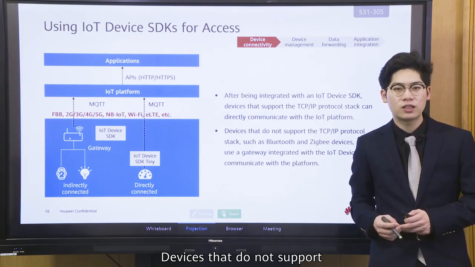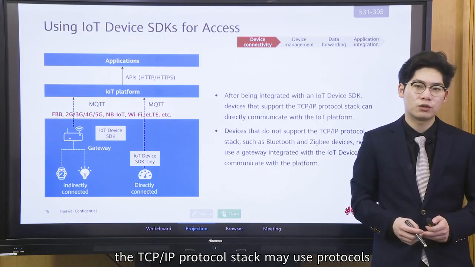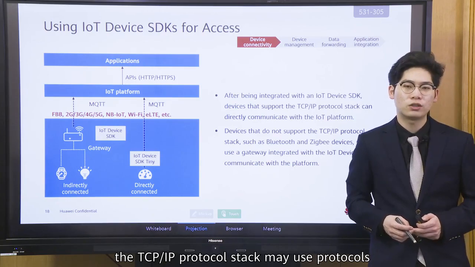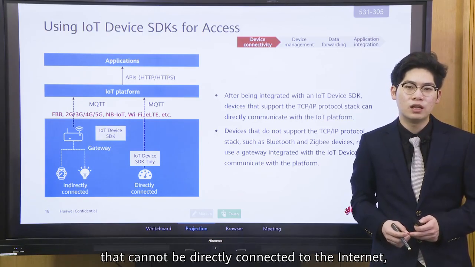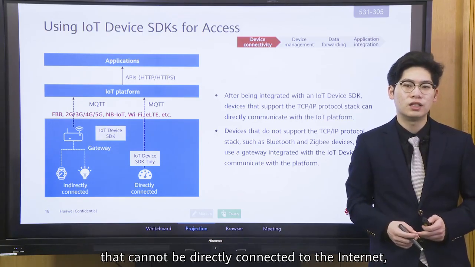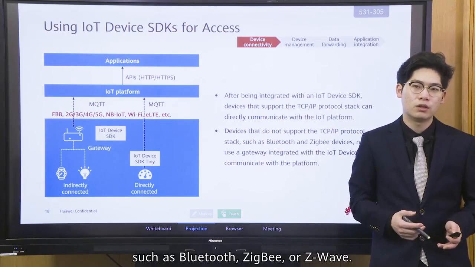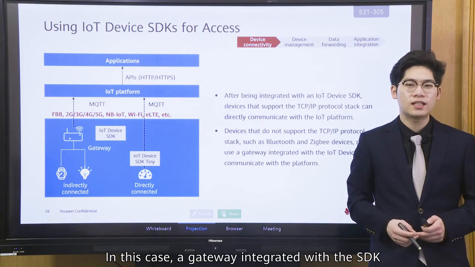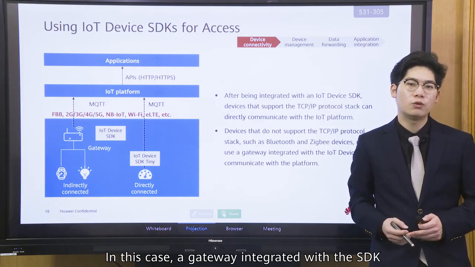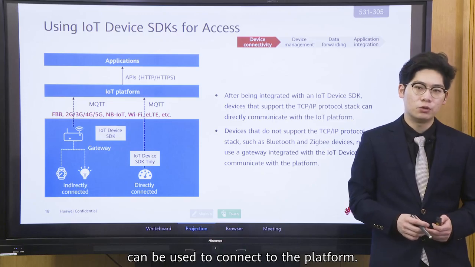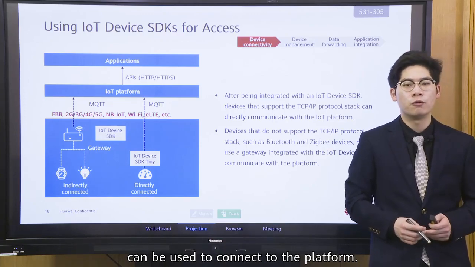Devices that do not support the TCP/IP protocol stack may use protocols that cannot be directly connected to the Internet, such as Bluetooth, Zigbee, or Z-Wave. In this case, a gateway integrated with the SDK can be used to connect to the platform.